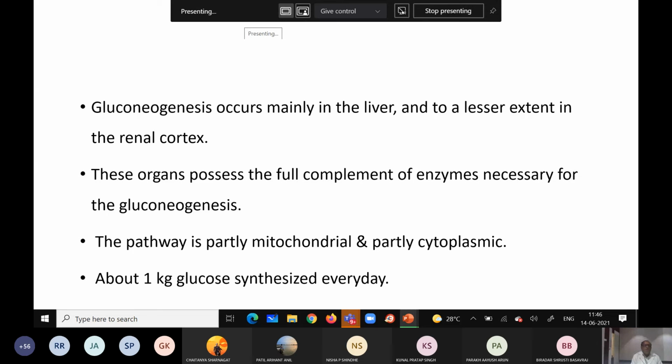Later, in longer starvation when there is no supply of carbohydrate or glucose, it will take the help of protein molecules, so that glucose supplementation is always there for the very important vital organs.